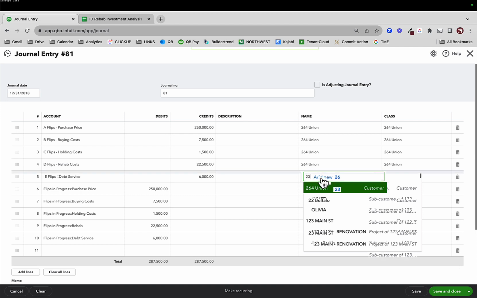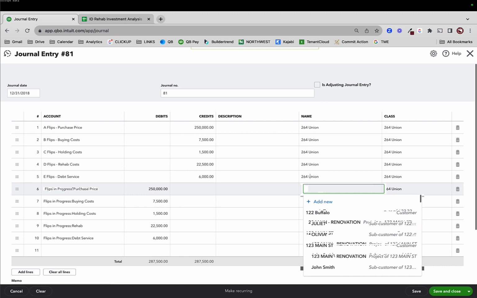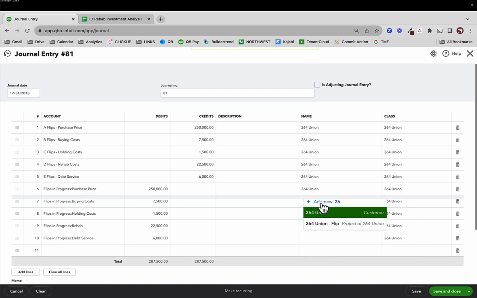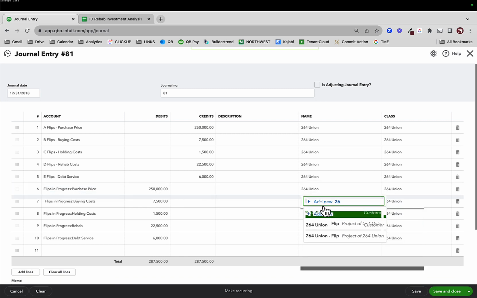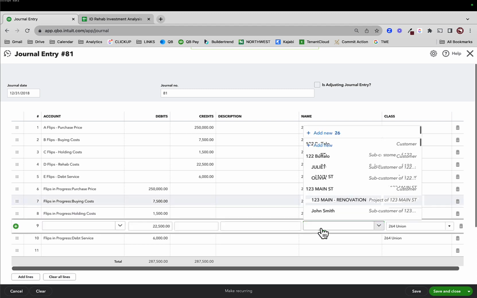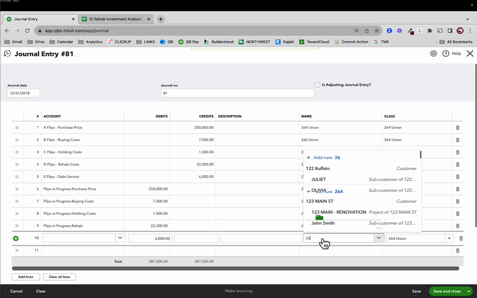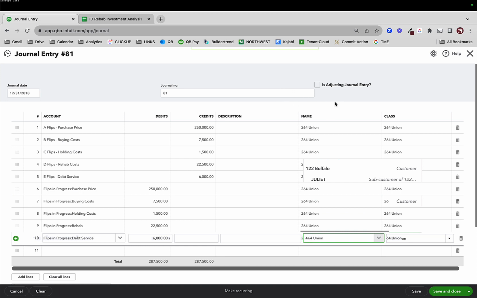So you got to put this in all the way down. So what we're going to see now is hopefully that 287 moves from my P&L to my balance sheet. Okay. Let's save and close and see what happens.